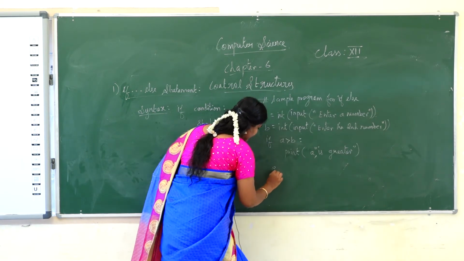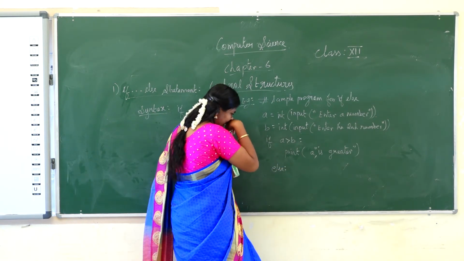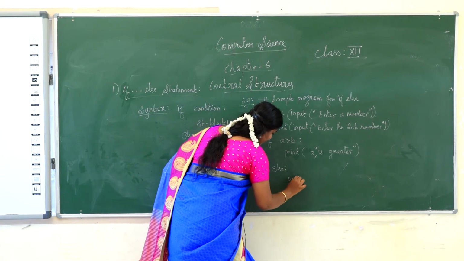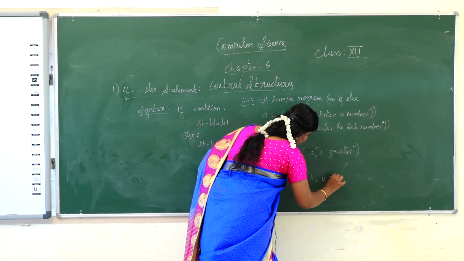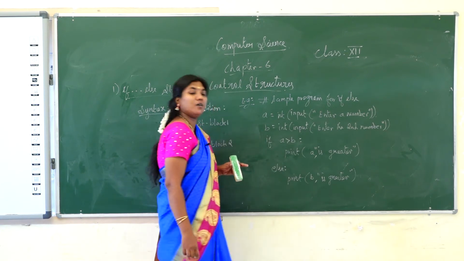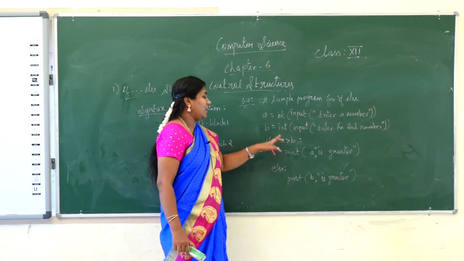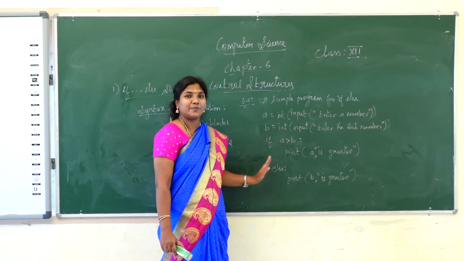And then else, so if A is not greater than B, then what must be printed? Else B is greater. So print B comma is greater. So the value of A and B will be printed. Okay, so just getting two numbers and checking which number is greater. It is a simple program in Python.